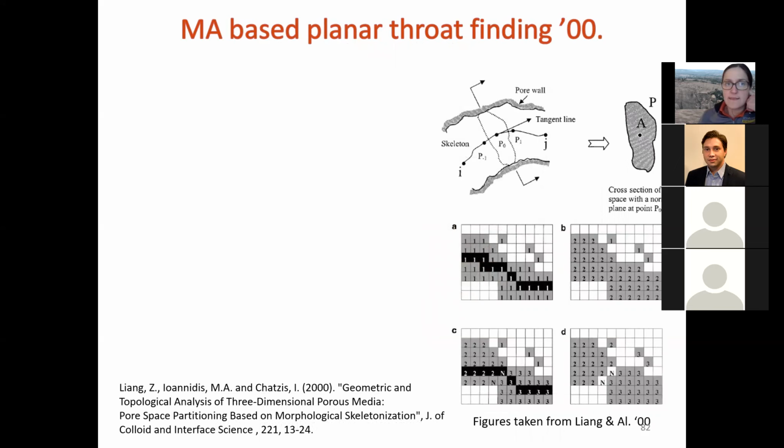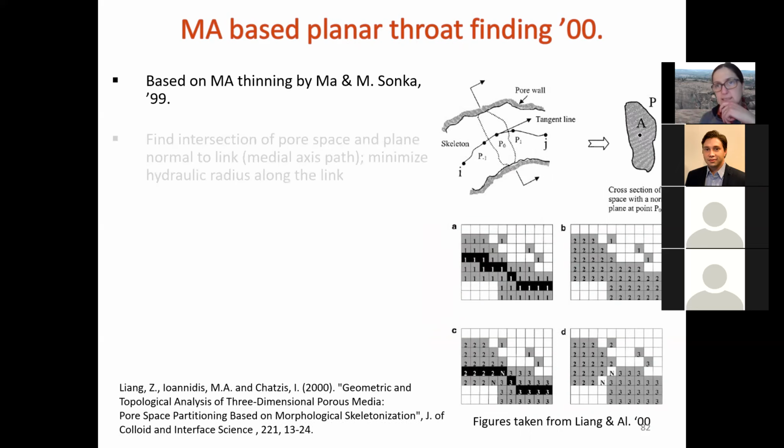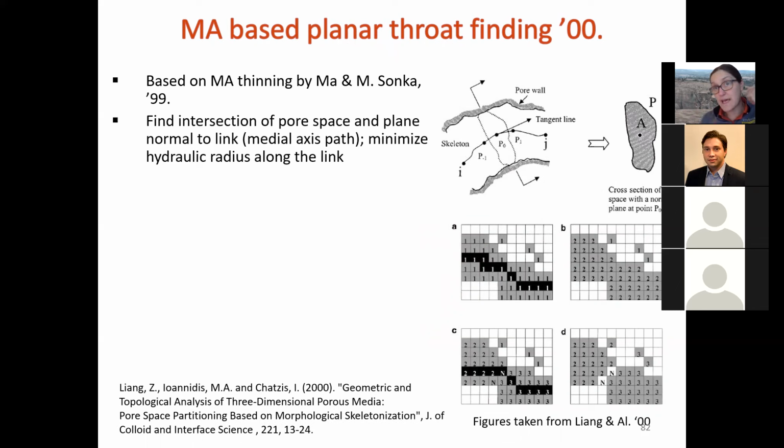Now, there are different versions of this. There's another from Chatz's group in Canada. There's another algorithm that is looking for planar throats, again in digital space. Similar to what I would call a brute force search, going down the skeleton and taking paths of the medial axis skeleton as the starting point for the search.